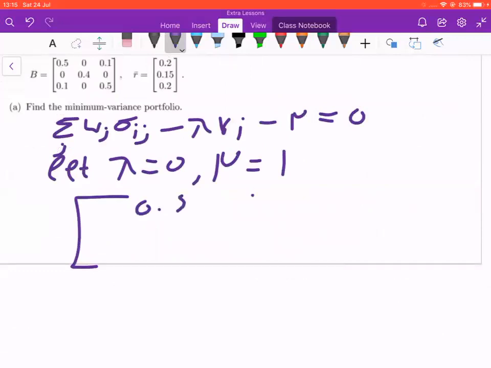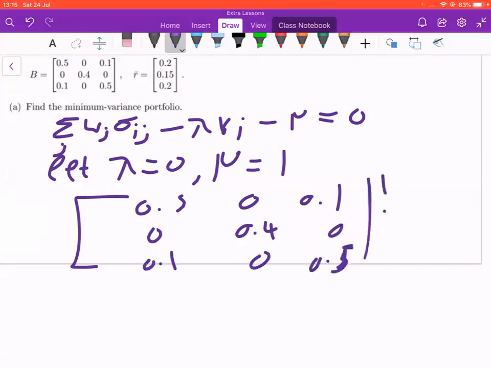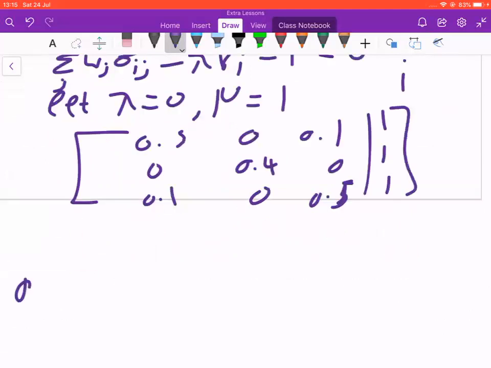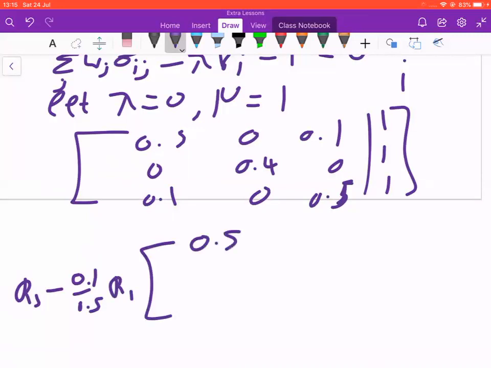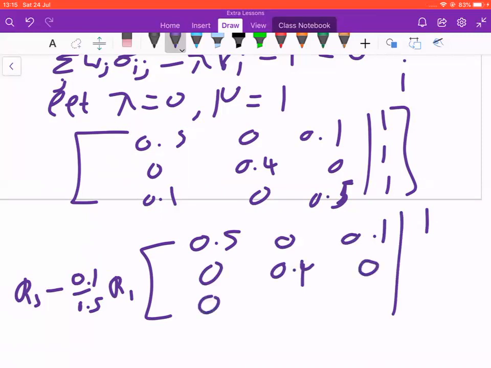0.5, 0, 0, 1, 0, 0.4, 0, 0, 1, 0, 0, 0.5, 0.5. I think I'm going to have 1, 1, 1. And then how do you solve this? You're going to say R3 is going to be minus 0.1 over 0.5 R1. Then you're going to have 0.5, 0, 0, 1, 1, 0, 0.4, 0, 0, 0.